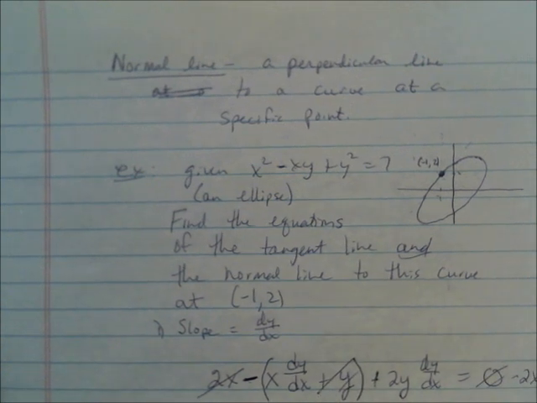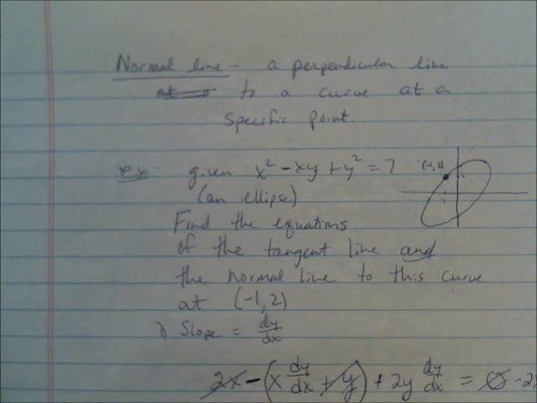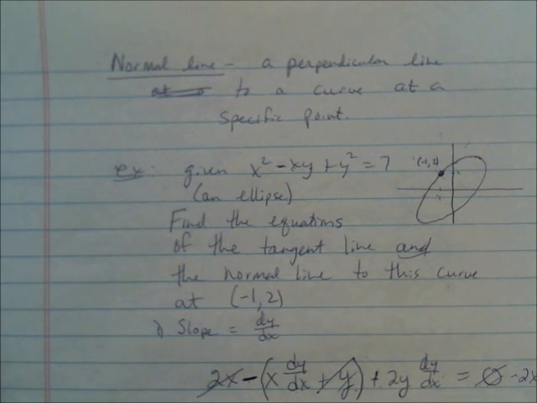Now we have two terms left on the left-hand side, and they both have dy/dx. So let's factor out dy/dx, which leaves a negative x as one coefficient and a positive 2y as the other, and that's equal to negative 2x plus y.